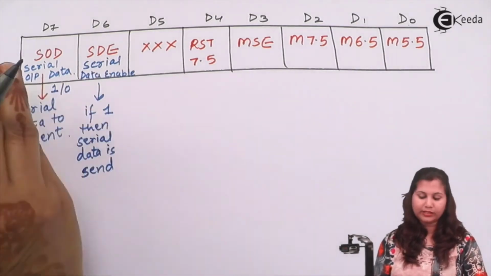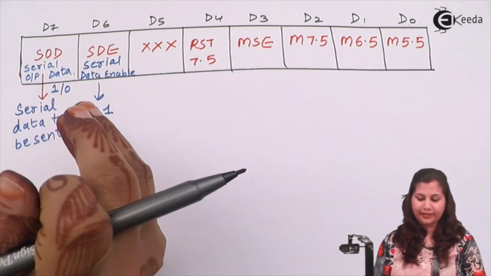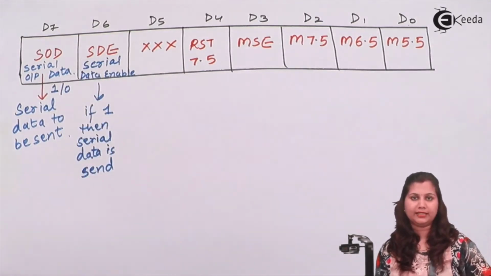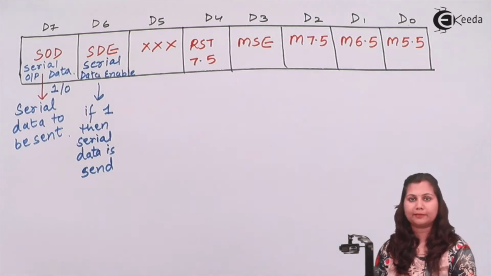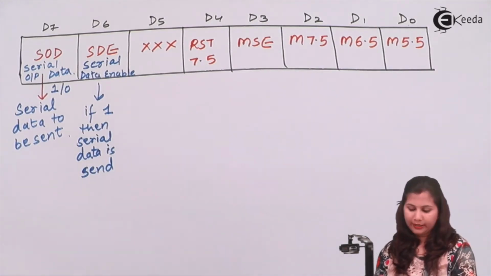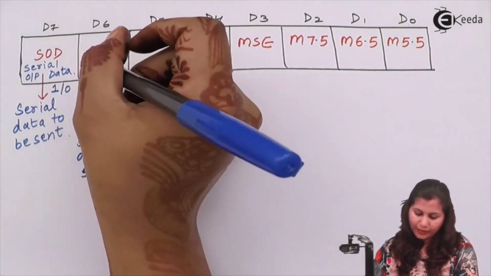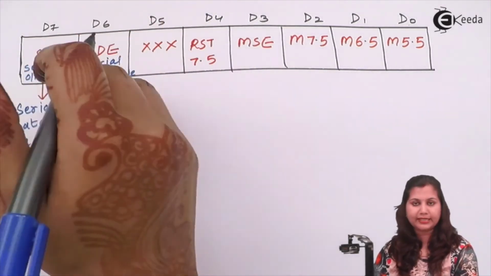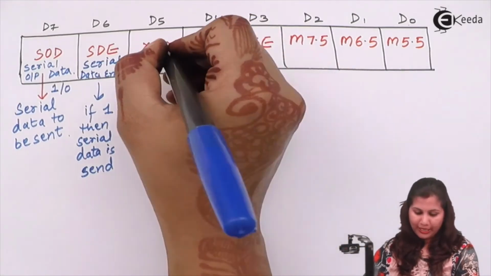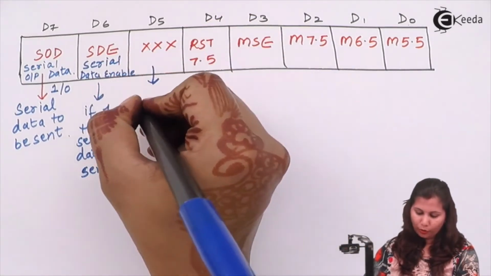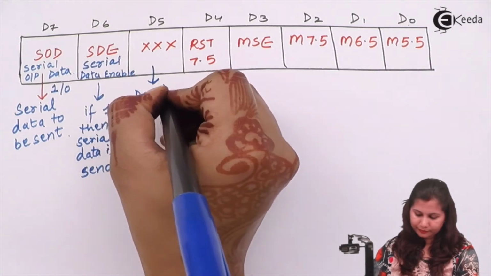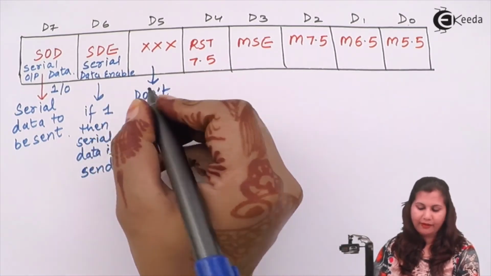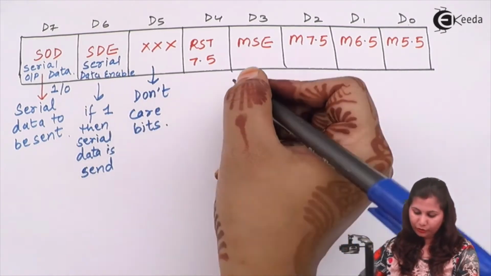If it is 0, then the bit will not be sent. So the D6 bit is used to decide whether serial data communication has to take place or not. SDE is enabling the flip-flop. Then D5 are the don't care bits, meaning their value doesn't matter whether it is 0 or 1.